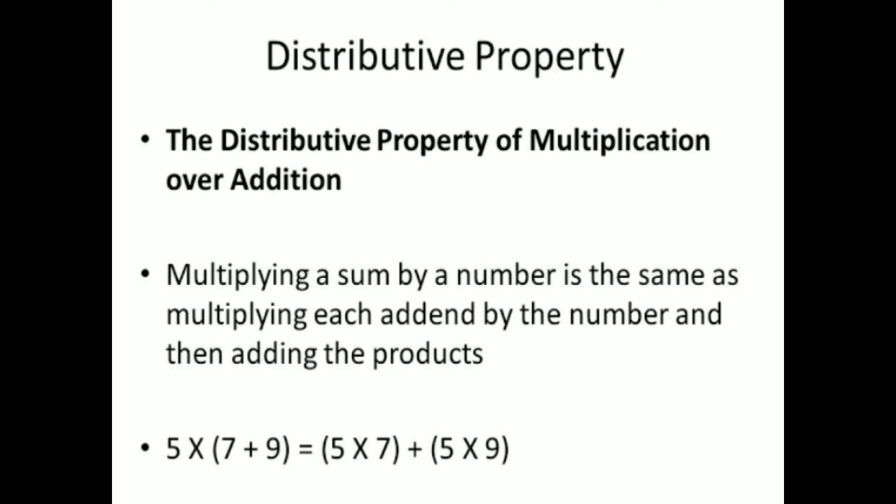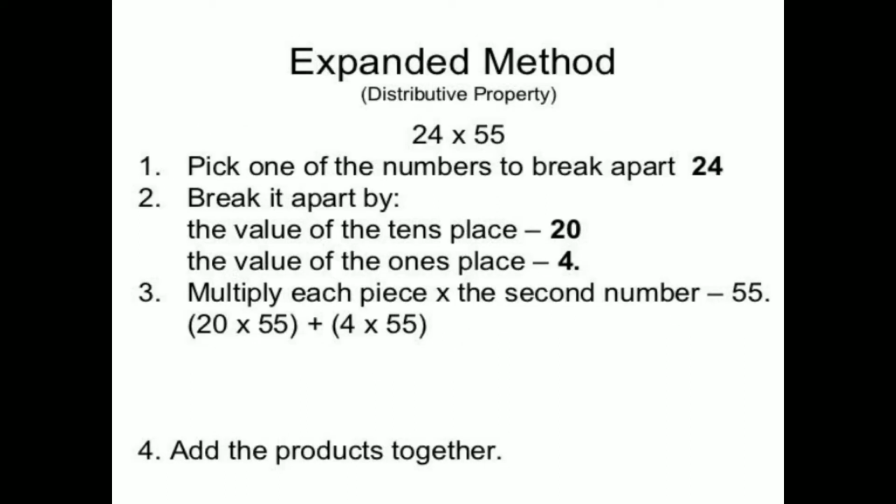Now see how we do it if the question is like this, 24 into 55. You have to pick one of the numbers to break apart. Clear? Suppose the value of tens place is 20. I mean 24, how will you expand? 20 plus 4. So you expand it, and write 20 into 55 and then 4 into 55.